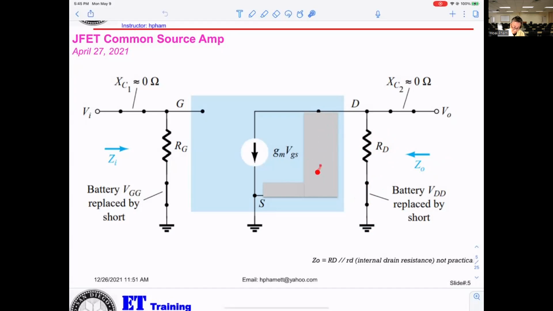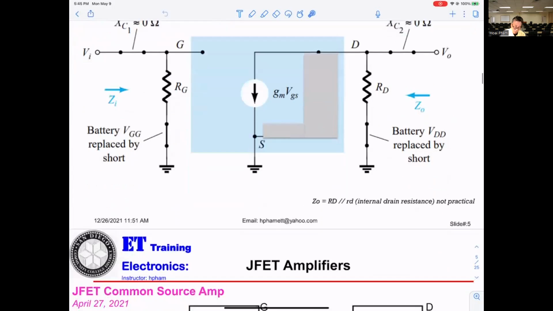We ignore that. We take it out. Also, if you're looking at input impedance into the JFET, you can see this is the big resistance here. They also explain right here that RL is supposed to be big RD parallel with small rd, but they say that is not practical.